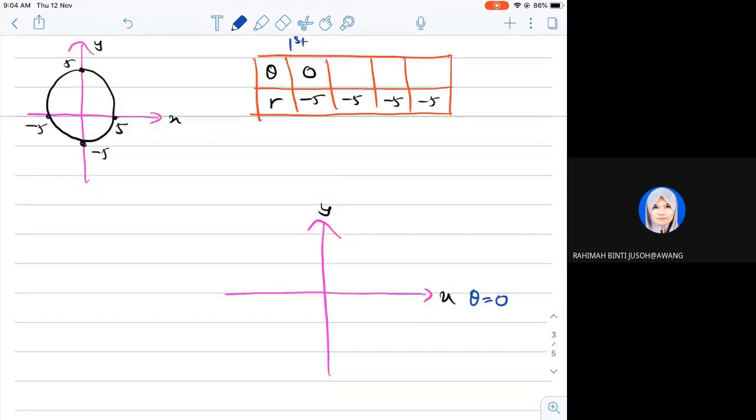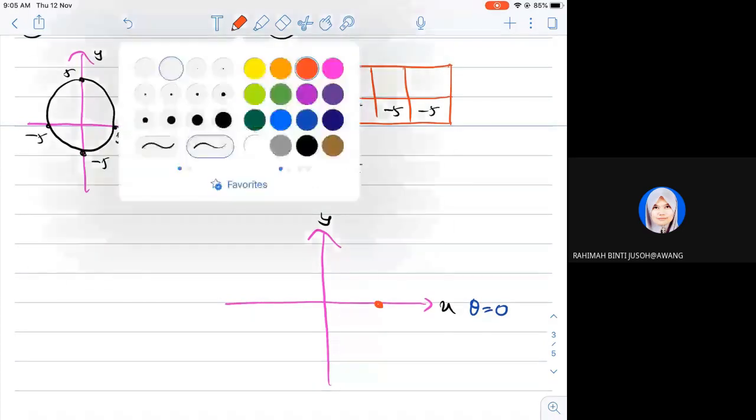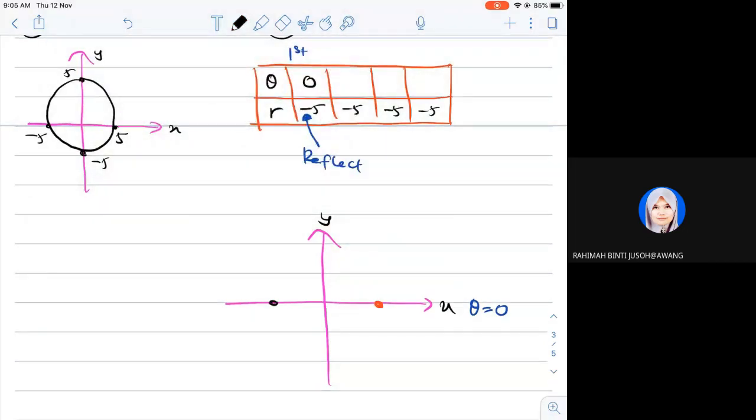However, you see here we have a negative. So what should we do with the negative sign? If the radius r is negative, we need to reflect. So instead of having the point at theta equals 0, we need to reflect this point to here.